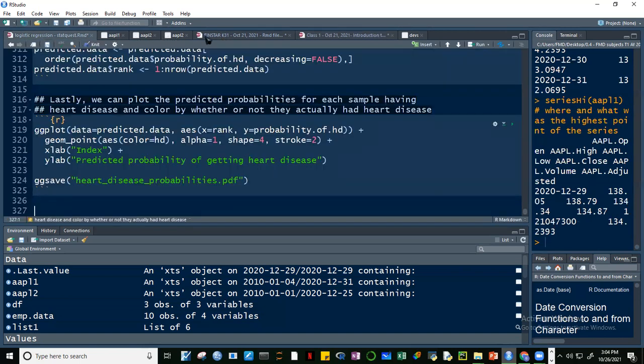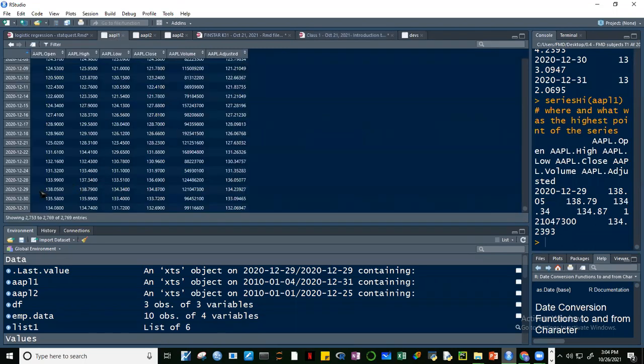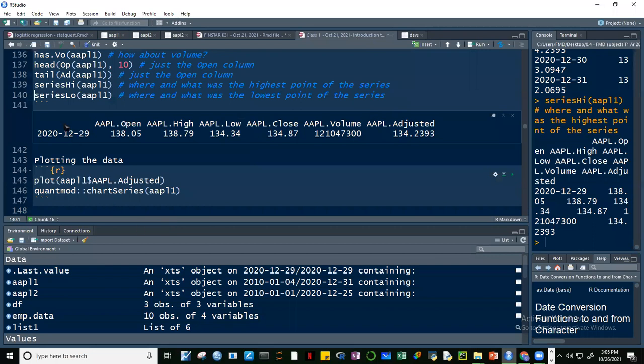Let me check. Yeah, sorry about that. It's December 29. So let's just validate. December 29 of 2020. Yes, this is the highest as far as the high price is concerned, 138.79. So it correctly identifies the highest price, because what we're asking is series high.